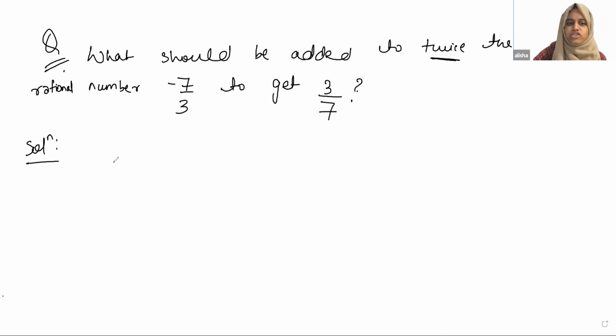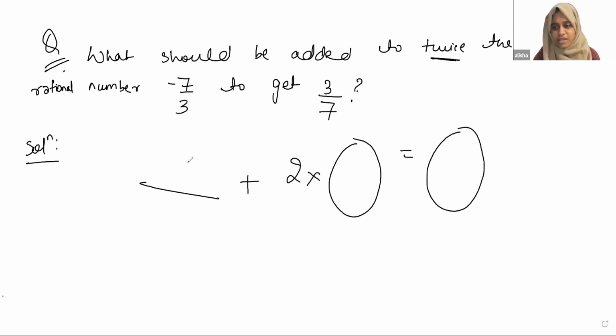This means the question is asking you to do this: you have a number which you have added to twice of the rational number which is given, which is also giving you the result of 3 by 7. Is it okay?